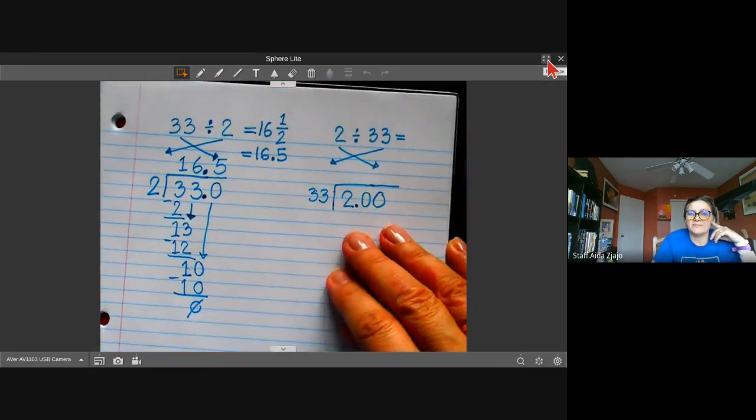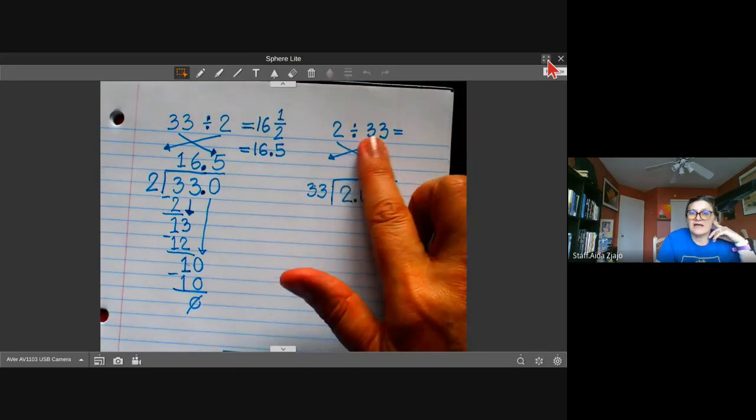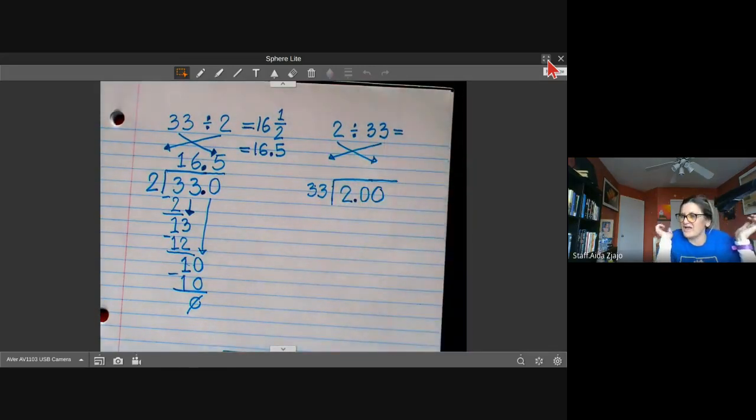Well, what happens if you just have 2 wholes, like only $2, and you're sharing that with 33 people? That's a lot of people, so they will not really get a lot at all.